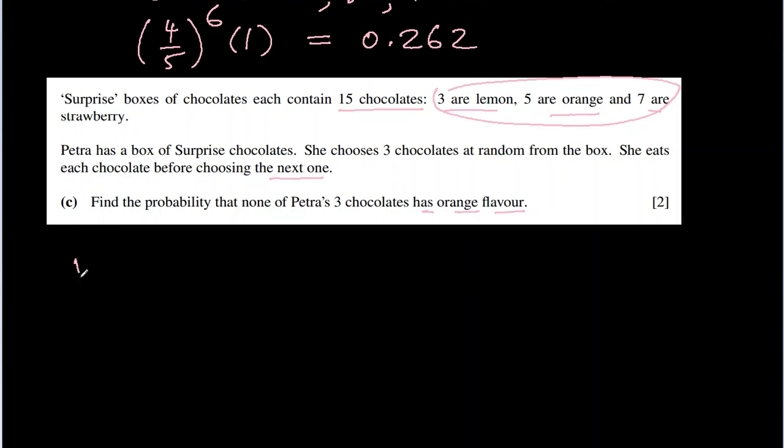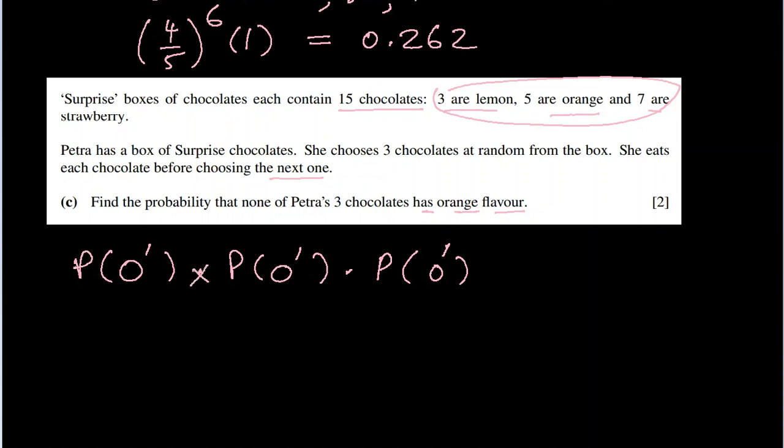So probability that it is not orange, that means O prime. Then again, probability of O prime, and they happen one after another. So and means they are multiplying, right? Let's see. First chocolate she chooses, there are 15 of them, and how many of them are orange? 5. We don't want those 5. That means remaining 10 out of 15 will be giving us the probability of not orange in first.